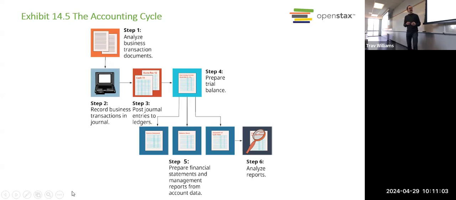So when you take the balance of every account and you list it on a trial balance, your debits should equal your credits. And if they don't, then you know that there's a mistake somewhere. So that's why it's called a trial balance, to make sure your debits and credits balance. Now, those are the first 4 steps. That is correct.